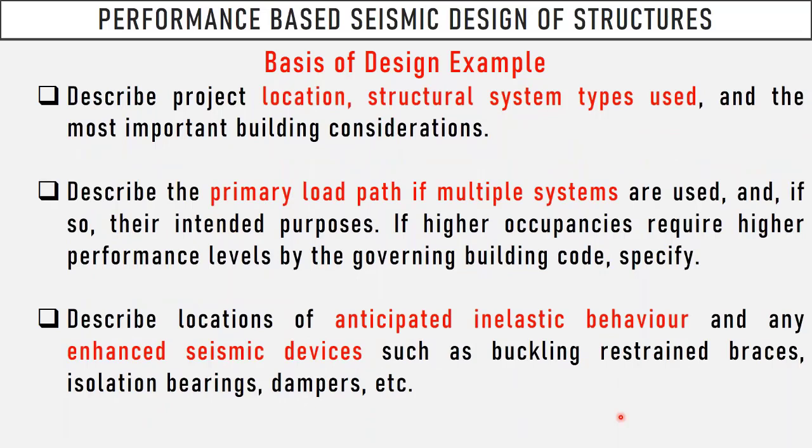I'm not going to go into much detail because I've exceeded my time a little, but starting from your structural system, load path, and anticipated inelastic behavior, and if needed, some seismic devices like buckling restraints, isolators or dampers, you need to write it at the beginning. What we are planning to do.